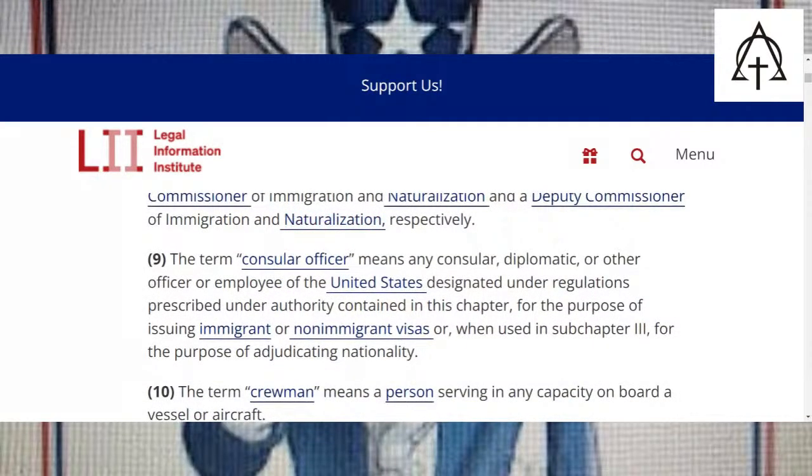Consular officer means any consular, diplomatic, or other officer or employee of the United States designated under regulations prescribed under authority contained in this chapter for the purpose of issuing immigrant or non-immigrant visas, or when used in subchapter 3, for the purpose of adjudicating nationality.